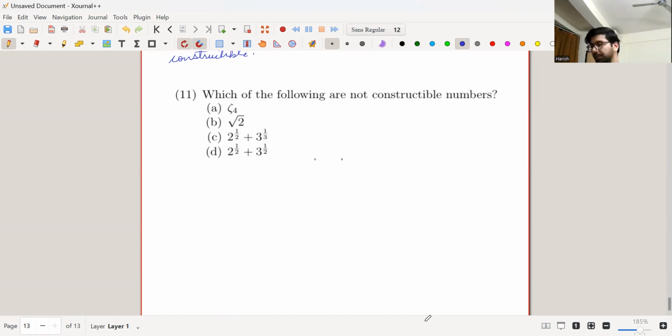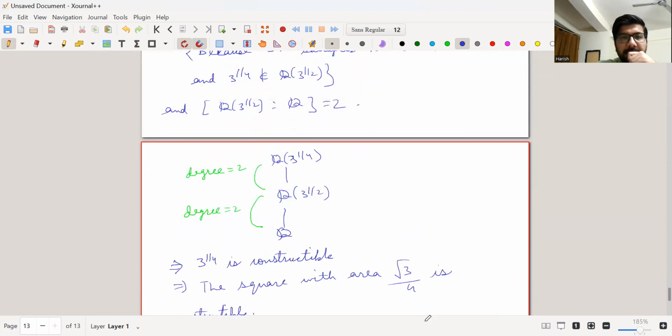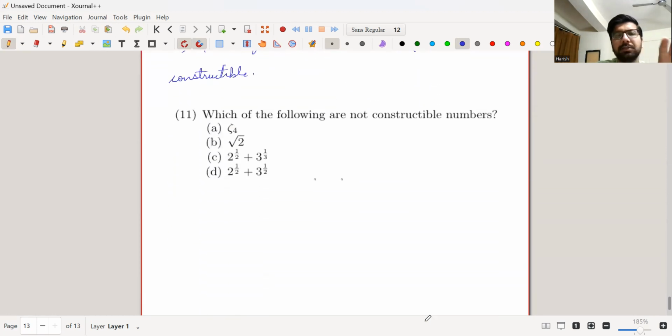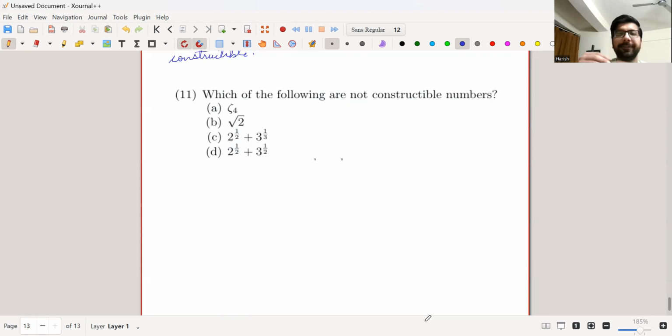What I mean to say is, although C4 is not a real number, you can still say that it's constructible because it has an extension field of degree 2. So you will get a tower, and thus it is constructible. Although that statement is for real numbers, that just means that you are on a different axis.